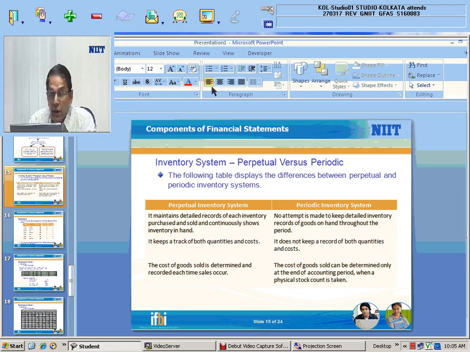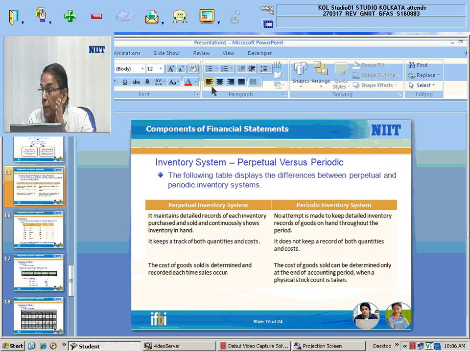So you have an up-to-date record of each inventory purchased and sold, and the system continuously updates the numbers. At any point of time, the inventory in hand can be measured and its cost determined. So under the perpetual system, it keeps track of both quantities and cost. The cost of goods sold is determined and recorded each time a sale occurs. So under the perpetual inventory system, very detailed recording is maintained.